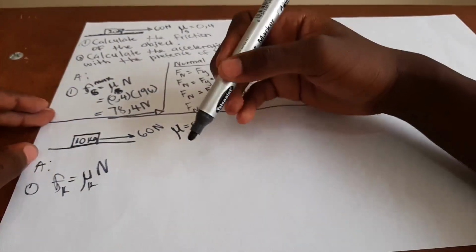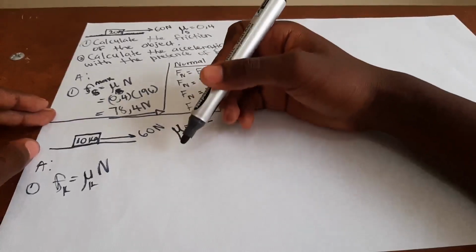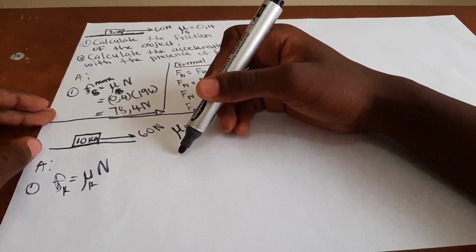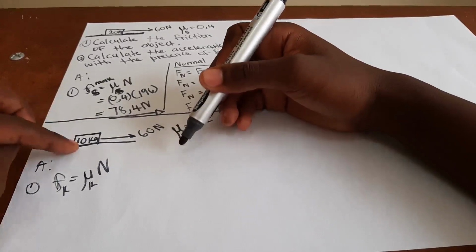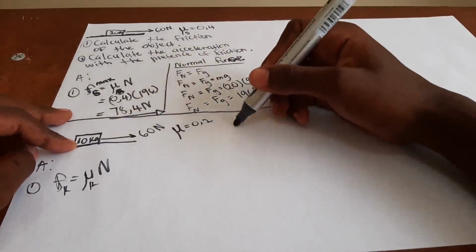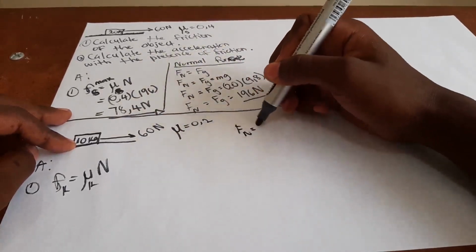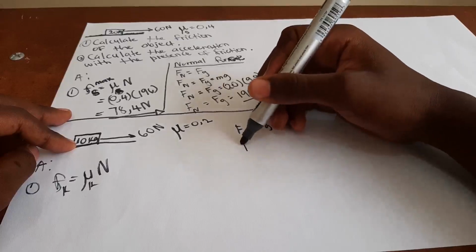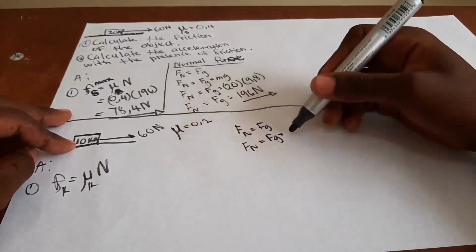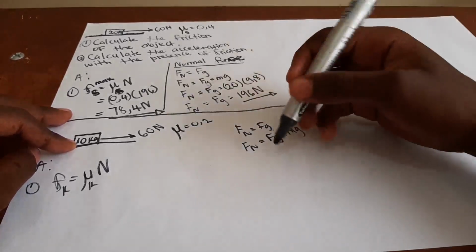Since we already did it, let me do it again. Our normal force is equal to gravitational force, which is equal to mg, the weight.